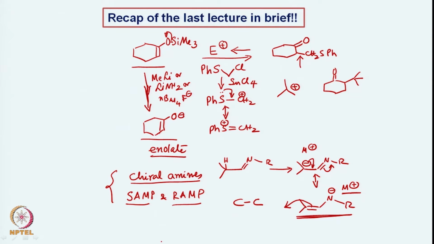So these are the things we saw in the last class, and now we see what can be done to the products which are obtained after the C-C bond formation has occurred using SAMP or RAMP type hydrazines.